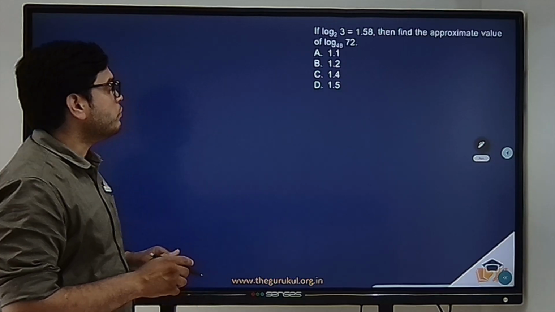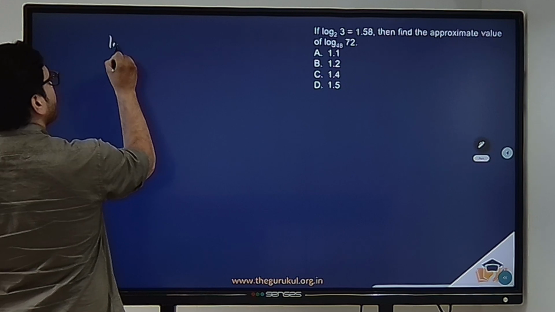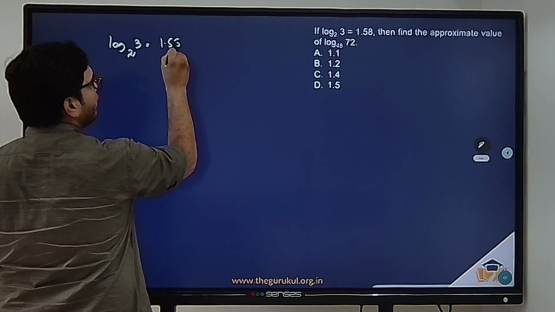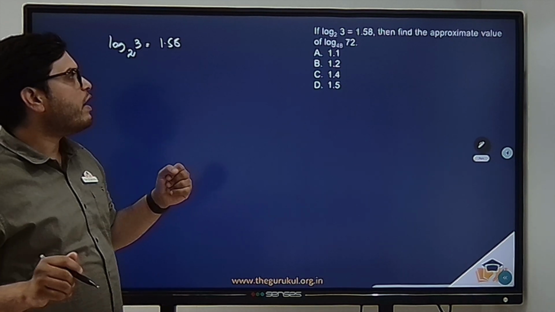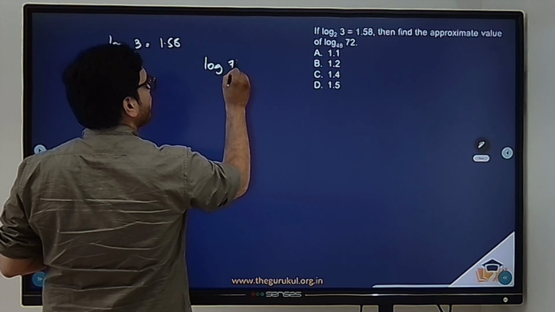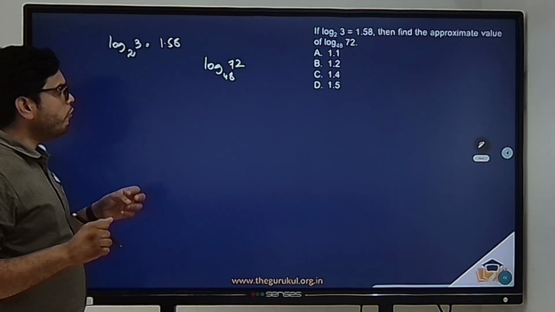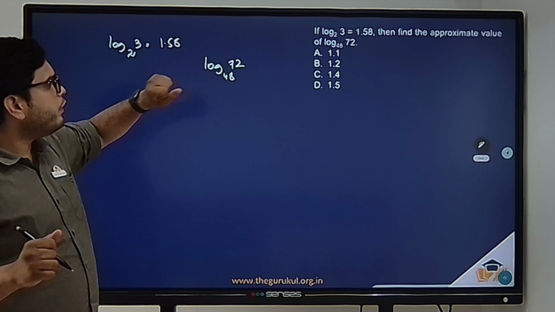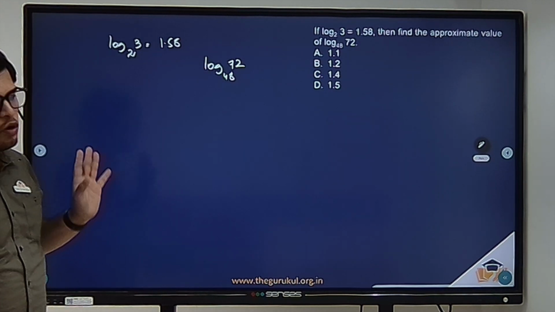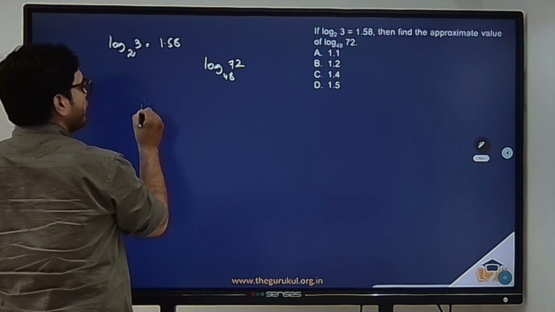Now coming to third question. If log 3 base 2 is 1.58, then find the approximate value of log 72 base 48. Now let us write 72 and 48 in terms of log 3 and log 2. Right. Now how can I write 72?